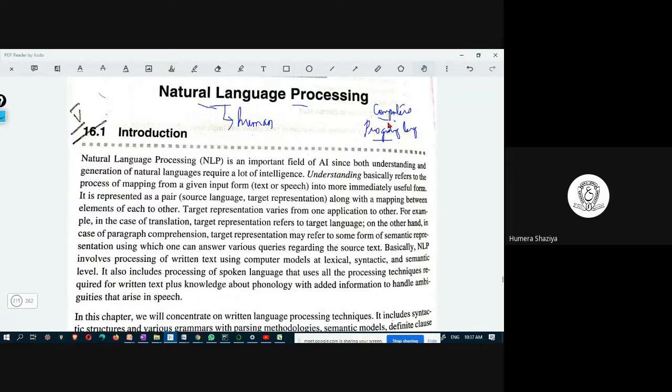Suppose in rural areas, there are people who know their own vernacular language, which is a mother tongue. They know only their mother tongue. They don't know anything else.